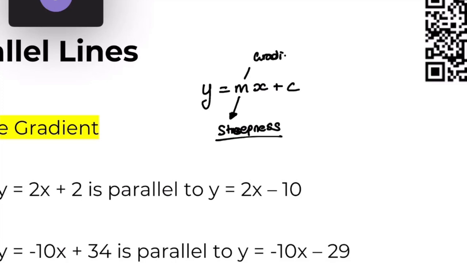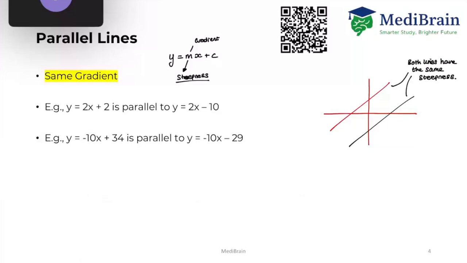So in order for two lines to be parallel, both of them must have the same steepness. In other words, they must have the same gradient. So that m must be the same in order for two lines to be parallel.